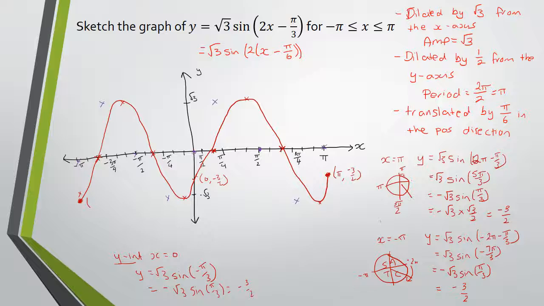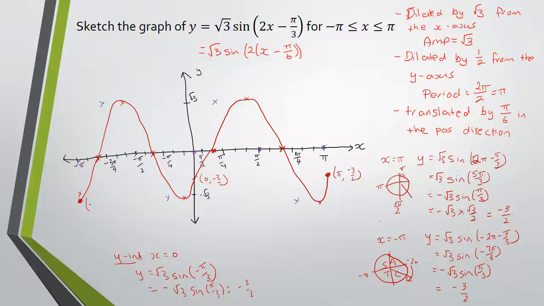We can label all of our key points with coordinates. So that's the point pi, negative 3 on 2. We found our intercept here. That was at 0, negative 3 on 2. Our endpoint here, which is actually a little bit low, I think my scale is a little bit off there.